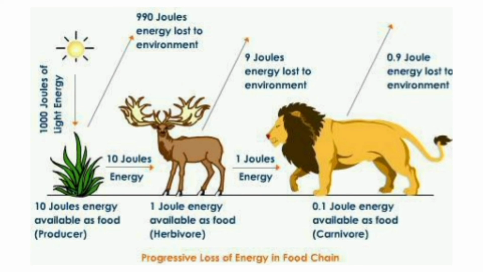Again, applying the 10% law, we can see that 10% of the remaining 1 joule is only 0.1 joule, which is available to the third trophic level, that is for the tiger or any flesh-eating animal. So the remaining 0.9 joule will be lost into the environment. Because of the reduced energy available in the next trophic level, there is a small number of consumers at the higher trophic level. So hope you have understood this 10% law.